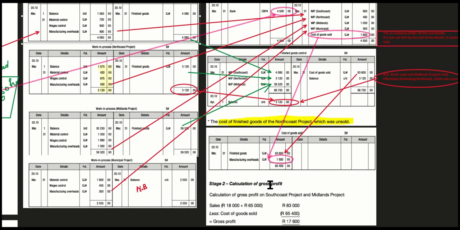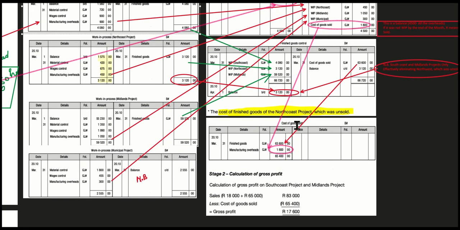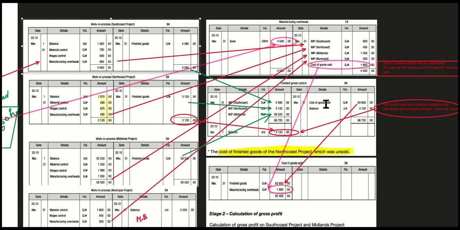And this cost of goods sold, when we're looking at the final cost of goods sold ledger account, you can see we have the finished goods, right? Remember the finished goods account gave us the cost of goods sold as well. So that came from the finished goods ledger account. That's why it still reads finished goods, but we understand that it is, in other words, cost of goods sold.